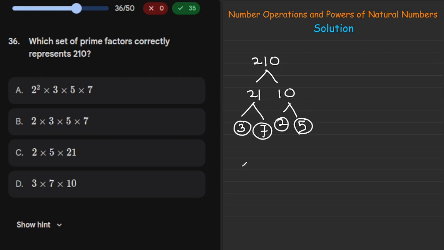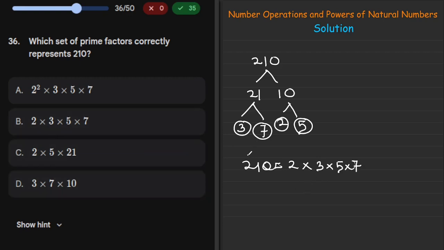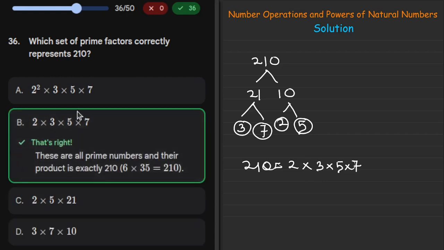So 210 is rewritten as 2 times 3 times 5 times 7. So with that, our answer is B, which is 2 times 3 times 5 times 7.